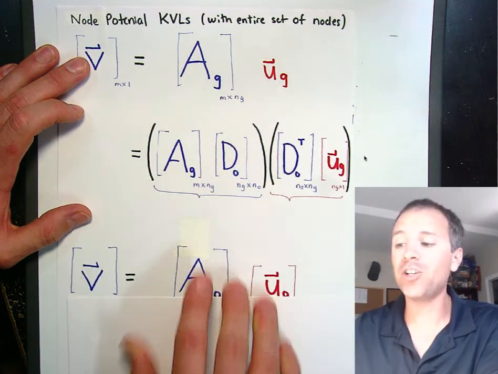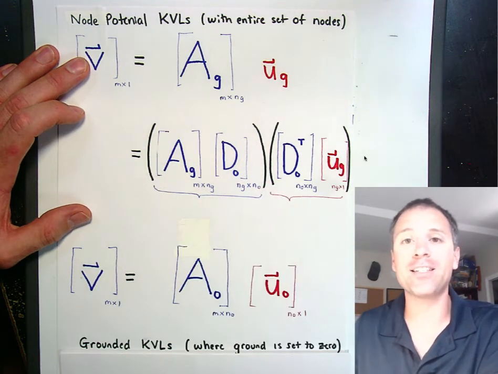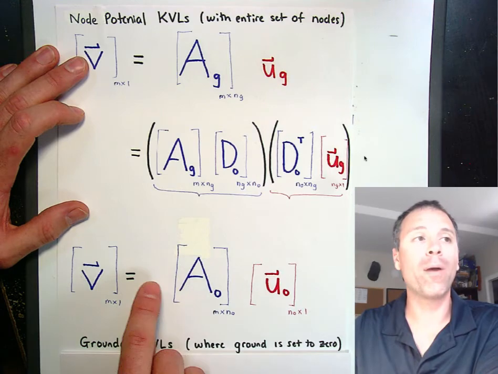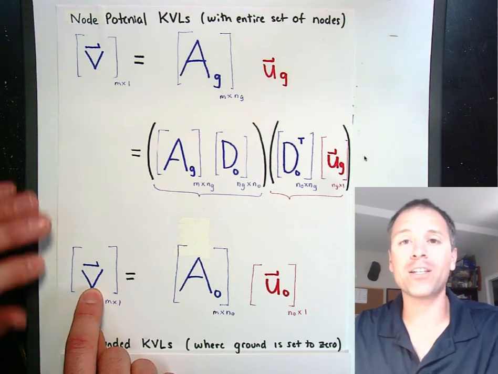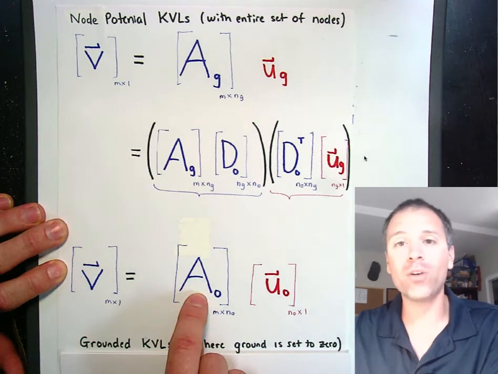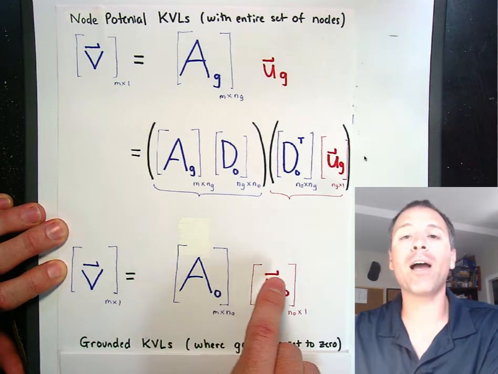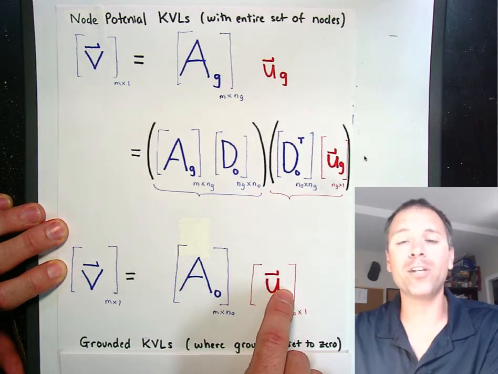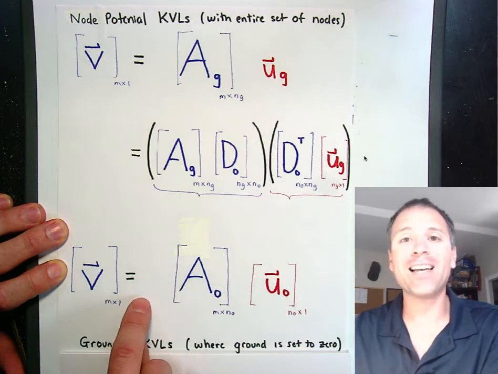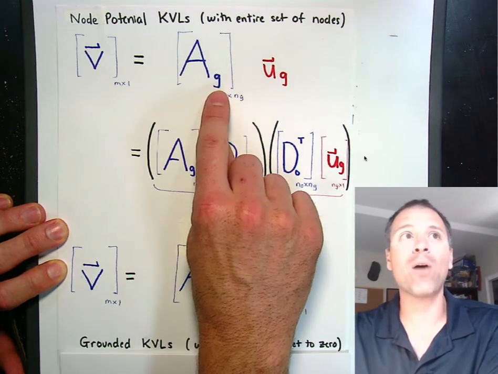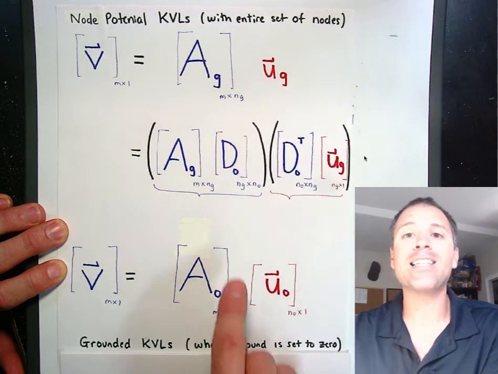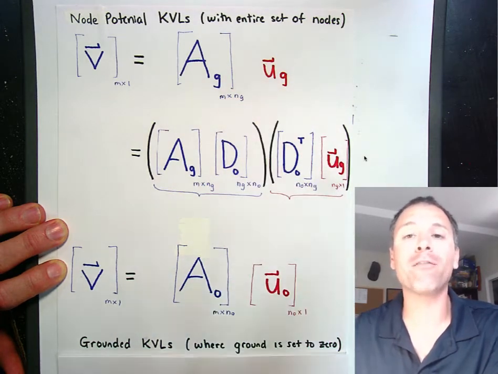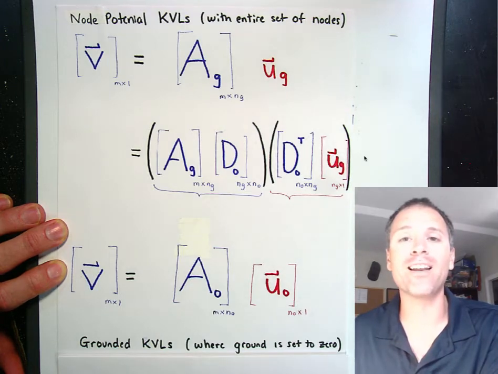When we do this multiplication and associate it as seen, we actually form the grounded KVLs, which is the voltage drop across every element is the grounded incidence matrix multiplied by the grounded node potential vector. And what that says is everywhere my ground node showed up in my original entire set of KVLs, set that node to 0 and delete it from the information that we're using to state those equations.